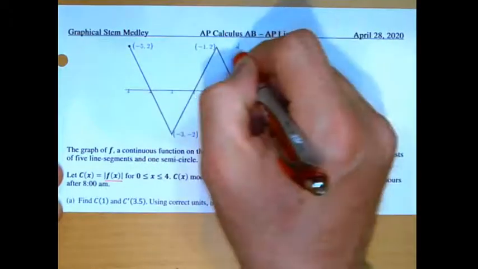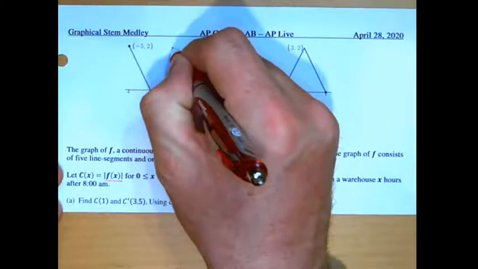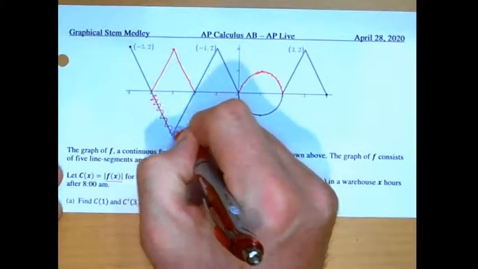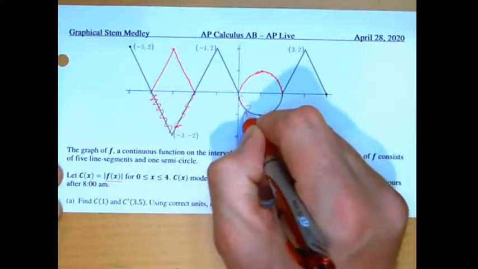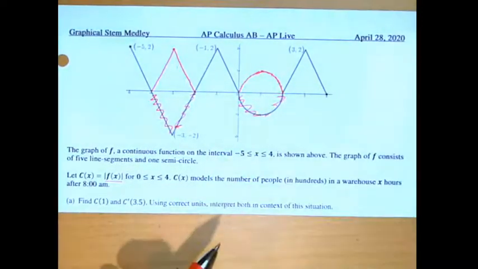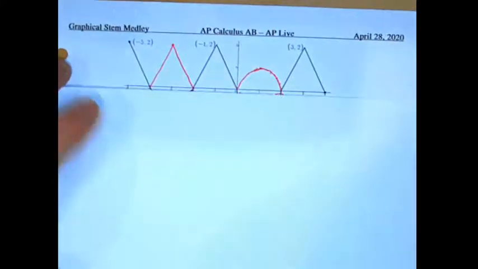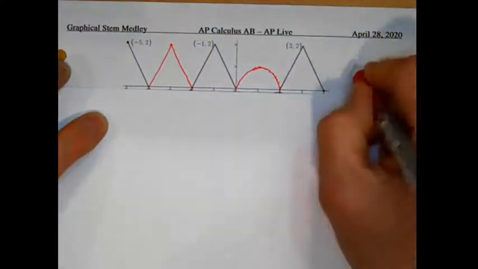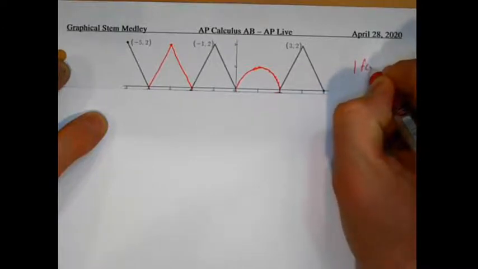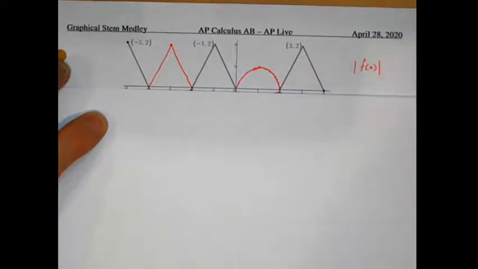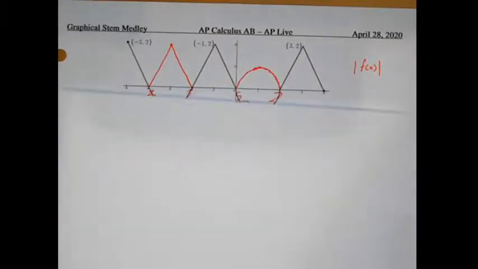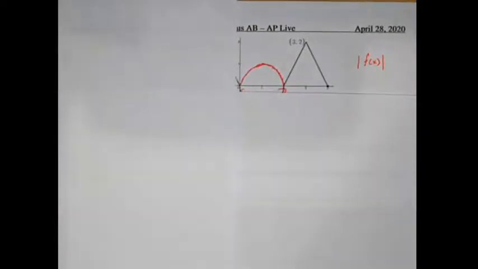So up here, this one would be up here. You wouldn't see this part or this part or this part there. So your graph would look like that if it was the absolute value of f of x. But because we're only looking at a certain part of the time, we're only looking for this part.